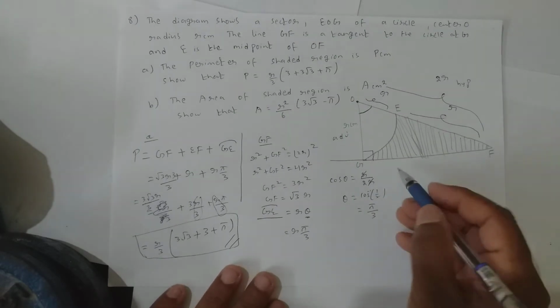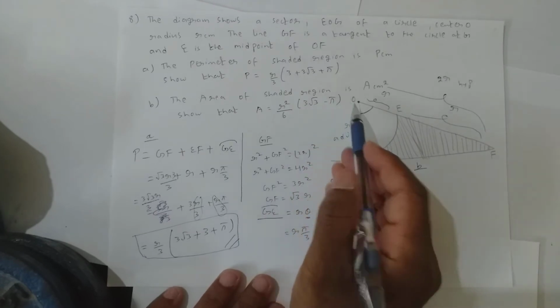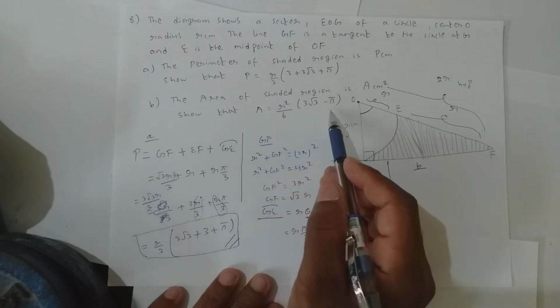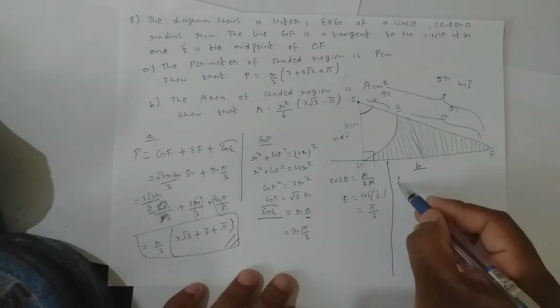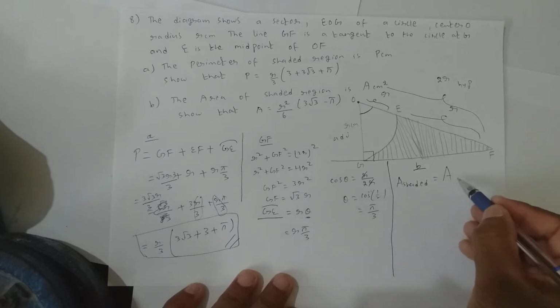Now look at B1. The area of the shaded region is A. Show that the area equals r squared by 6 into (3 root 3 minus pi). How do I get this shaded region area? Yeah, it's easy, right? Area of shaded equals area of triangle.